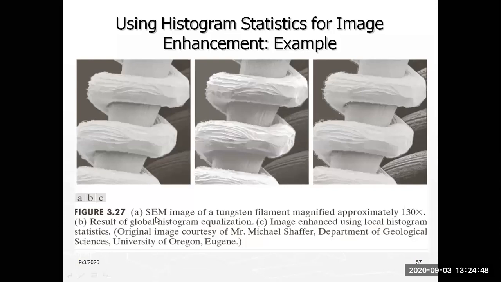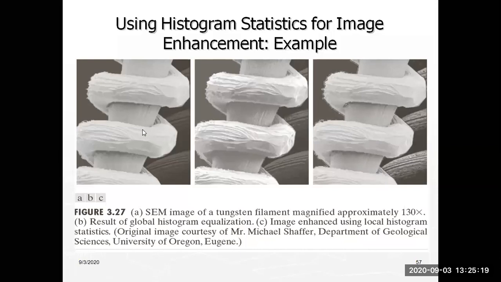Here I am taking one SEM image of a tungsten filament, magnified approximately 130 times. And what is B? B is the result of global histogram equalization, the normal histogram equalization. But what about the third one, image enhancement using local histogram statistics, not the normal local histogram. It is with the help of histogram statistics, that too local histogram statistics.